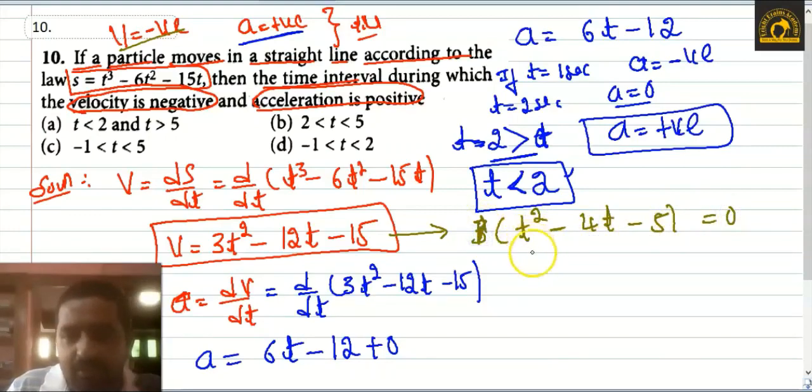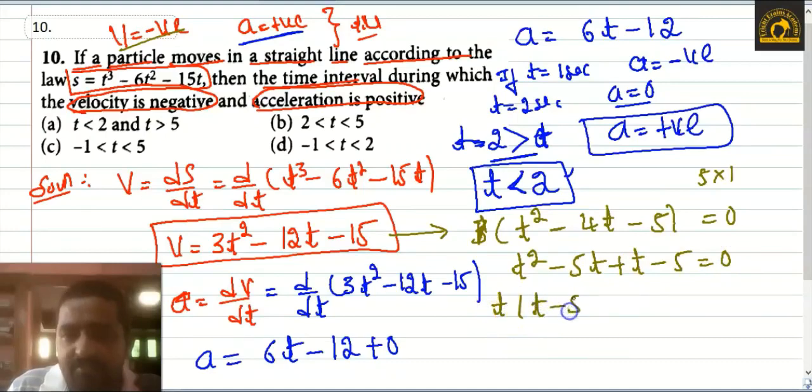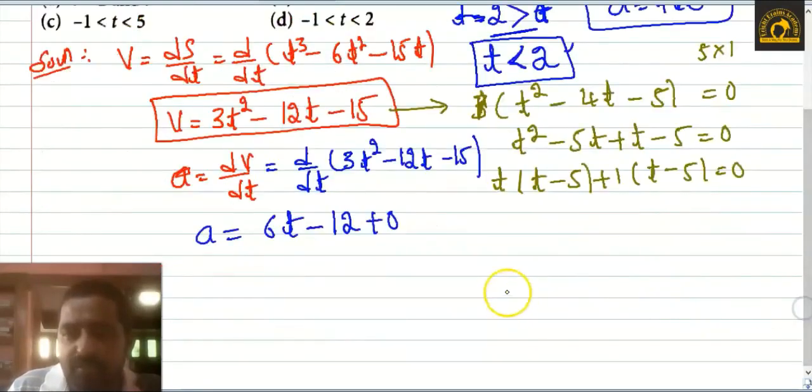So 5 into 1, 5 minus 1 is 4, so that is minus 5t plus t minus 5 equal to 0. Then t is common: t minus 5, then plus 1 is common, so t minus 5 is equal to 0. So we get the time is equal to 5 seconds.